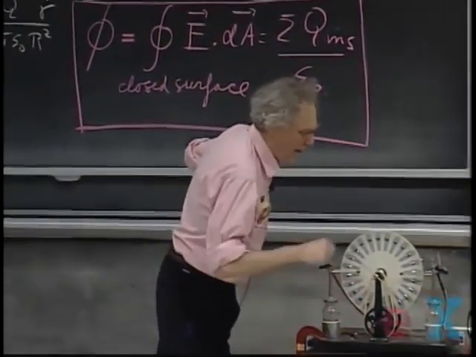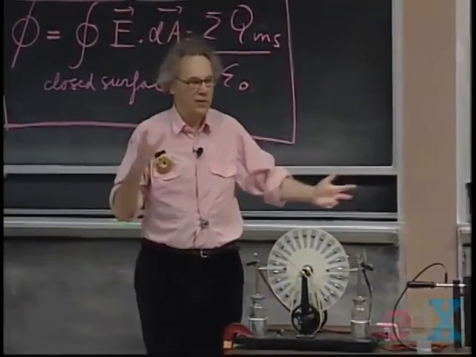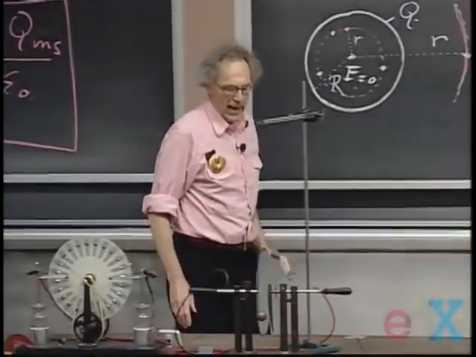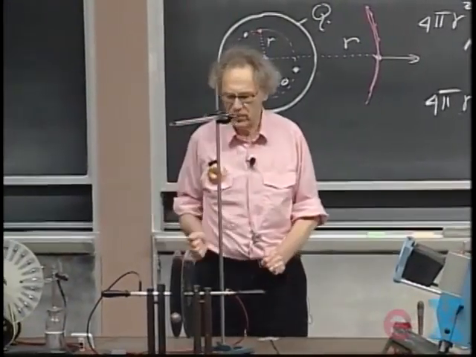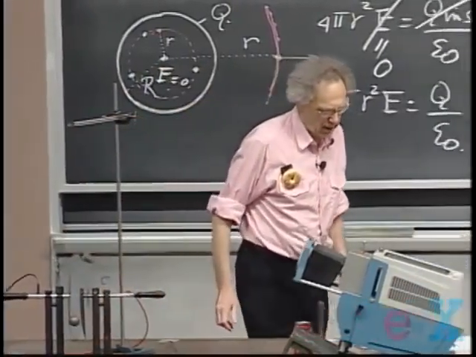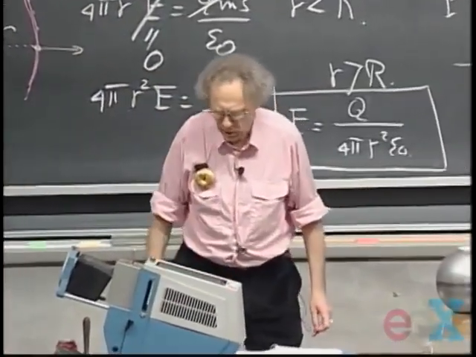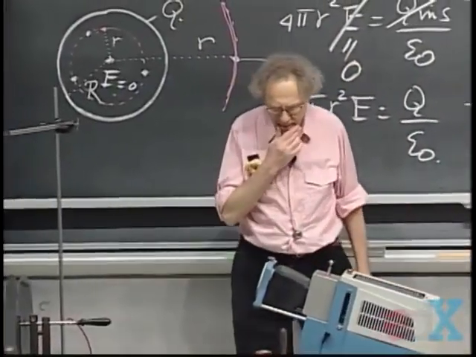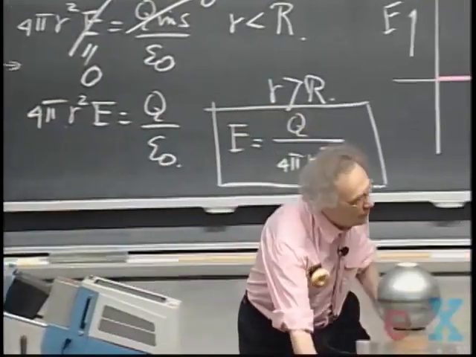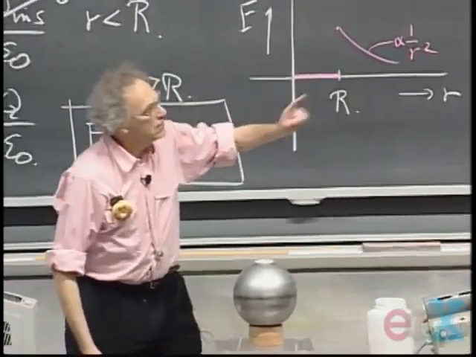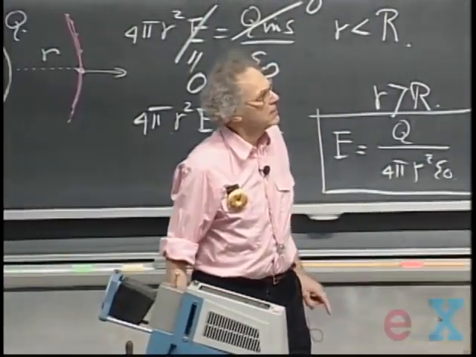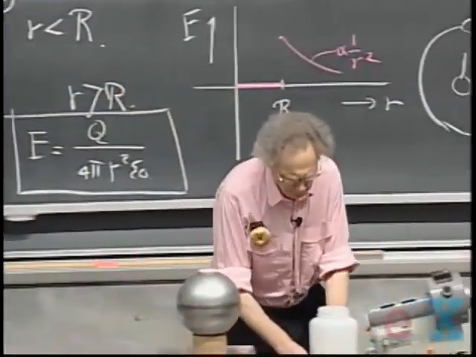If I rotate this crank, I can produce positive and negative charge, and this plate becomes positively charged and the other plate automatically becomes negatively charged. And I'm going to show this to you right there. That's the idea.